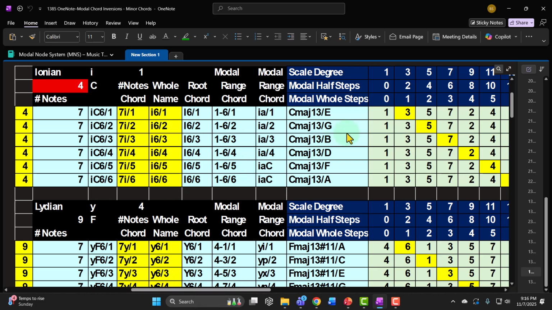Also, when we think about these inversions, we would like it to be uniform through the collection of notes as well as to all of the different 7-note collections, all 12 7-note collections.